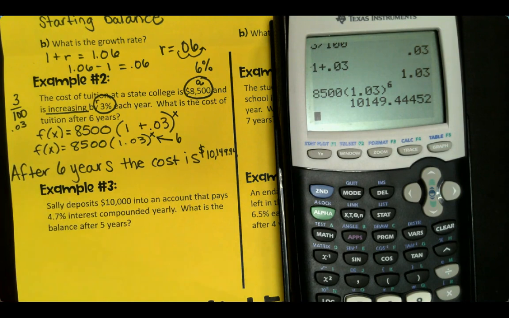All right, let's look at example 3. I want you to read it to yourself. Identify the A and the rate. Go ahead and highlight, underline.